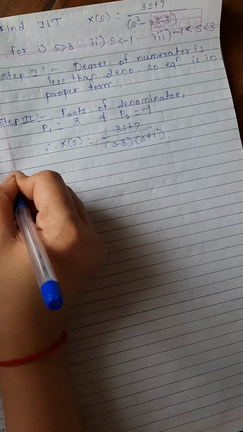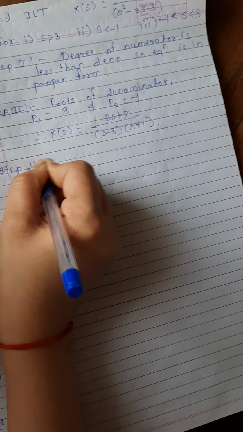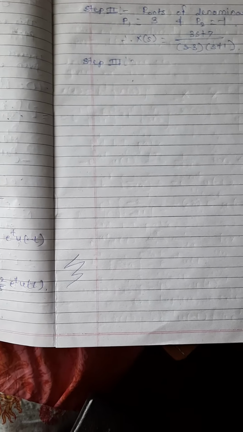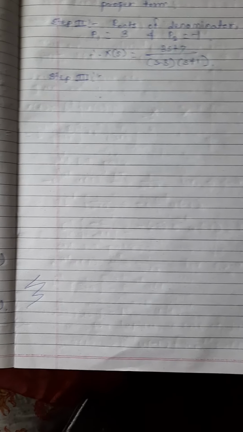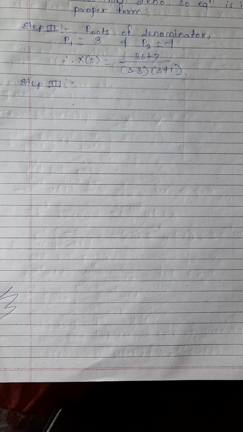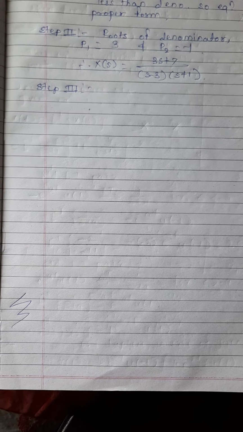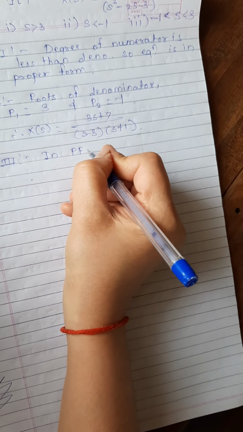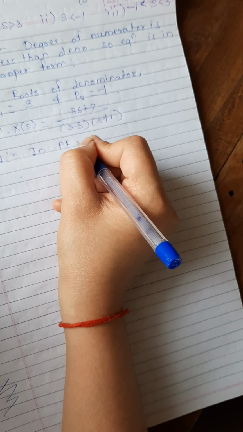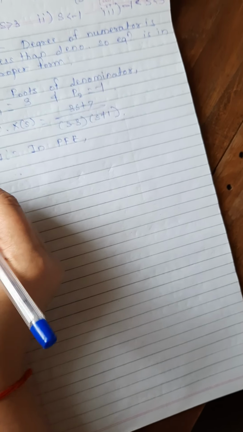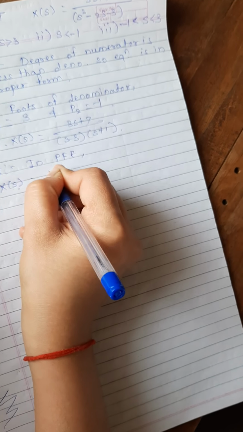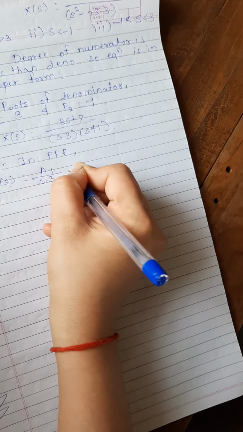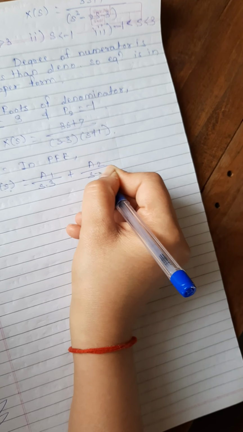Now next is step 3, that is partial fraction form. So we write here, in partial fraction expansion form, x of s is equal to a1 by s minus 3 plus a2 by s plus 1.